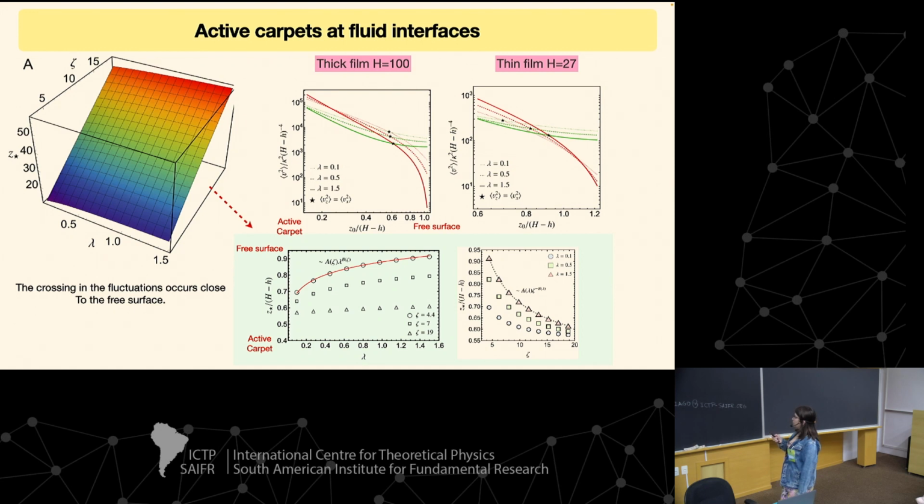So it's a more complicated parameter space, but the important thing is that, depending on the viscosity ratio, we can move the critical point where the fluctuations cross, closer to the active carpet or farther from it.